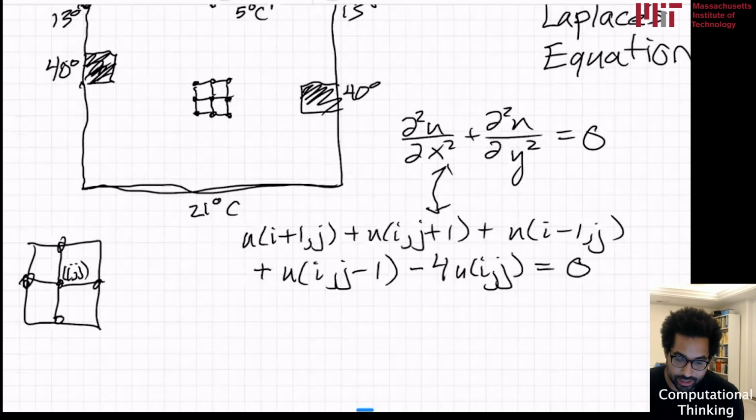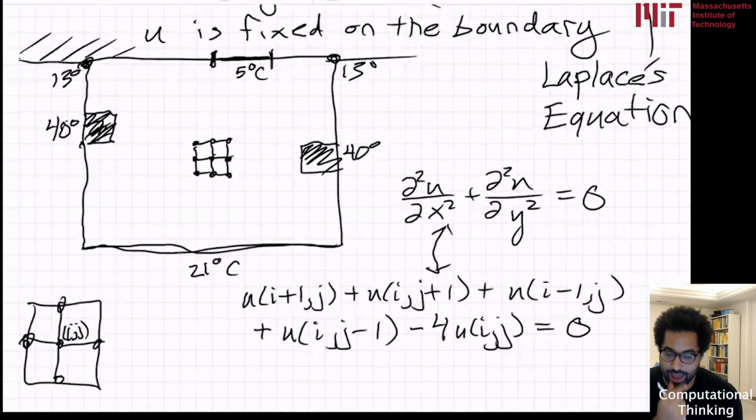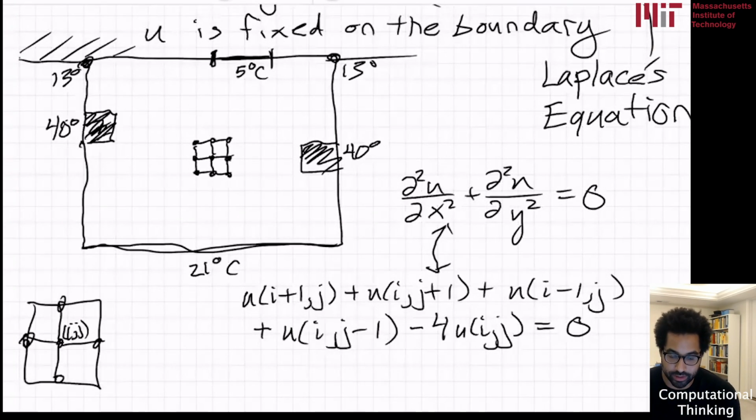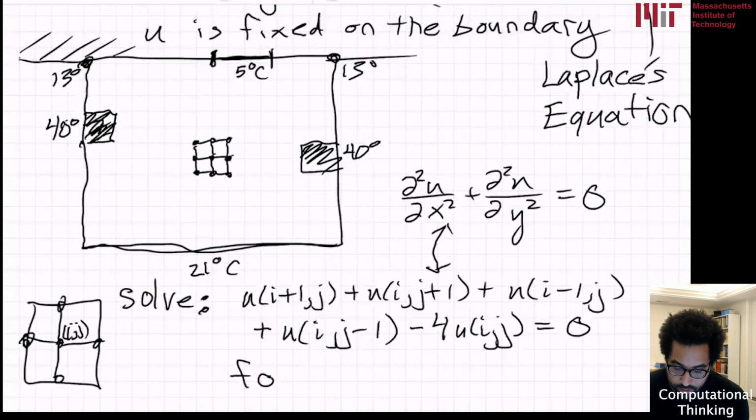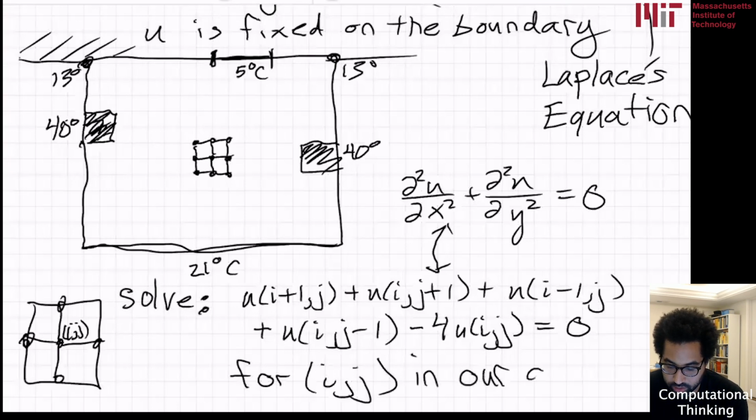And so to solve this heater problem that we have, we can just solve the following equation for i and j in our grid.